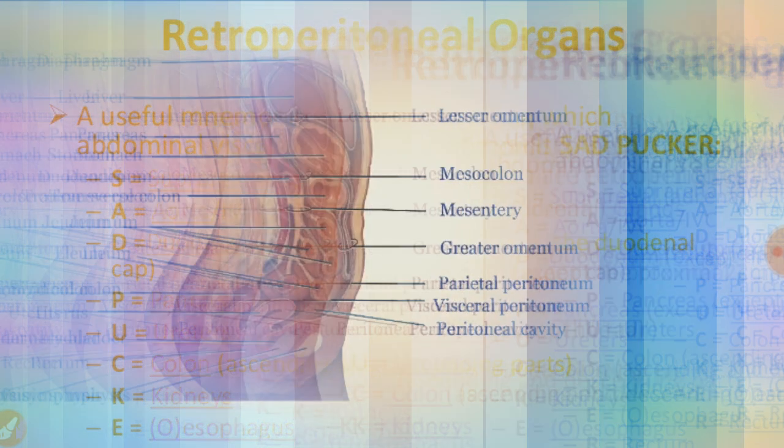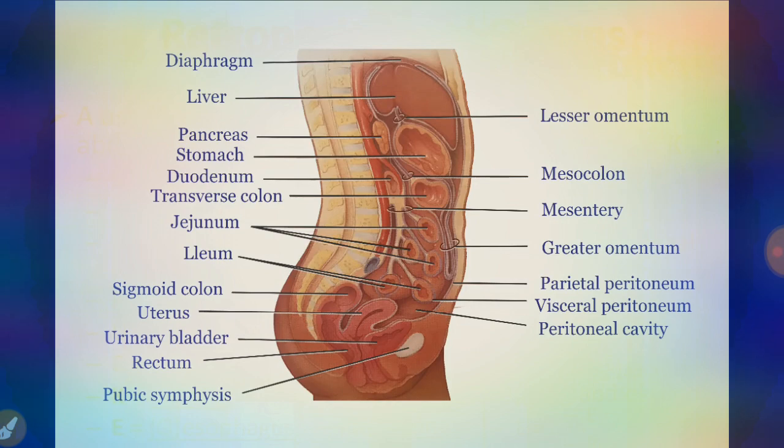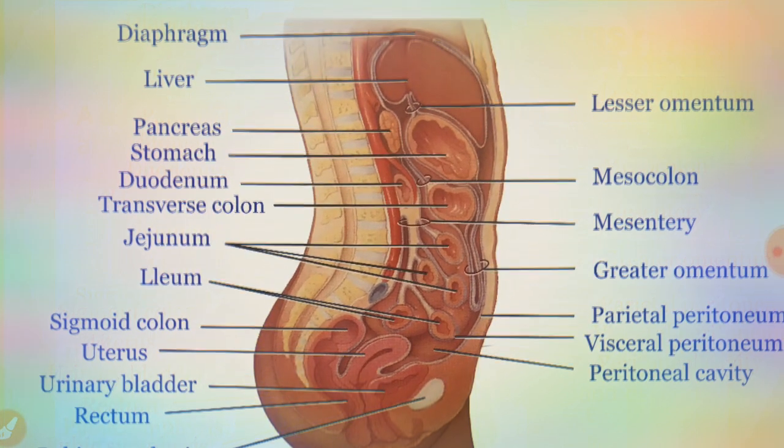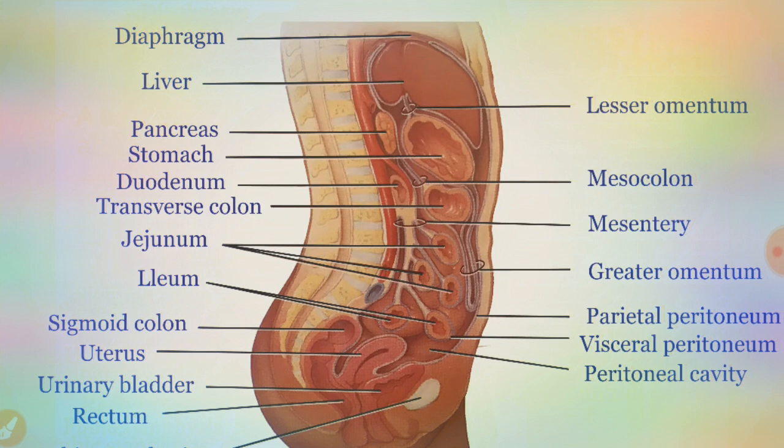See here, this is the diagram of the peritoneum: diaphragm, liver, pancreas, stomach, duodenum, transverse colon, jejunum, ileum, sigmoid colon, uterus, urinary bladder, rectum.